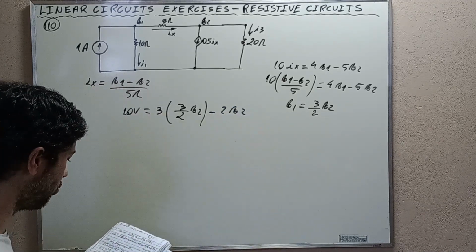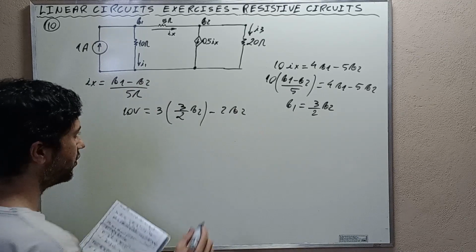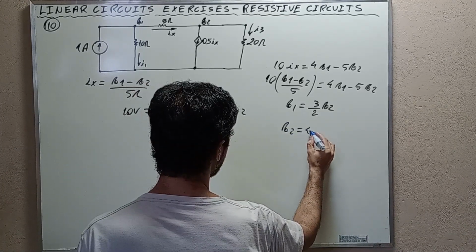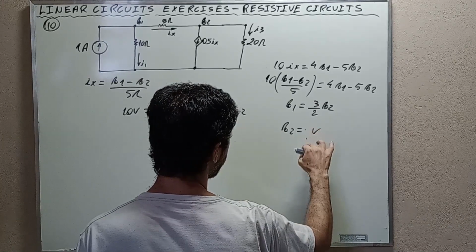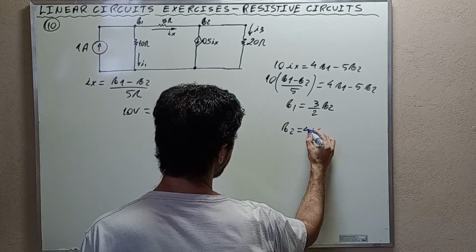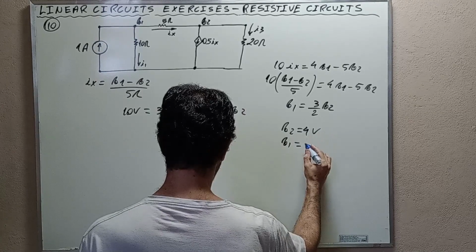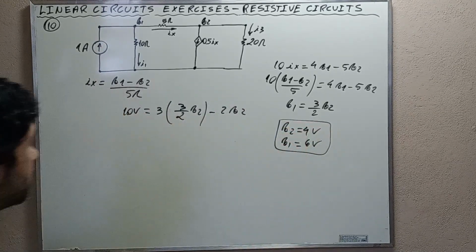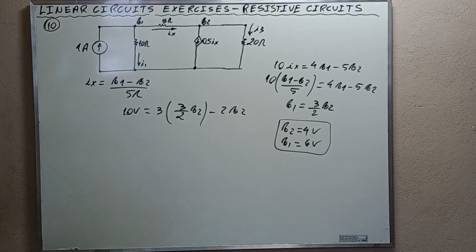And in this way, we find that V2 is equal to 4 volts, and V1 is equal to 6 volts. Working on these equations, we find that V2 is 4 volts and V1 is 6 volts. And now it is straightforward.